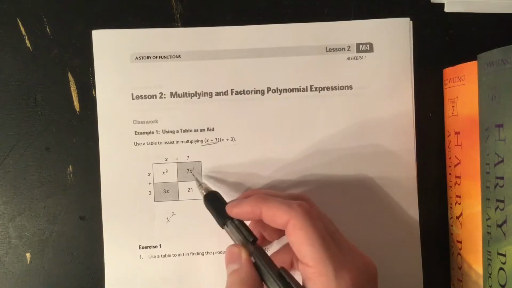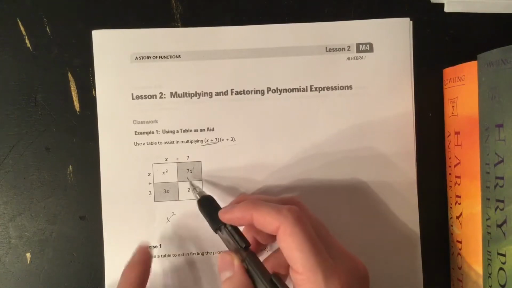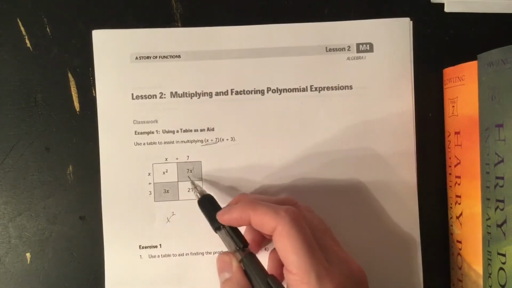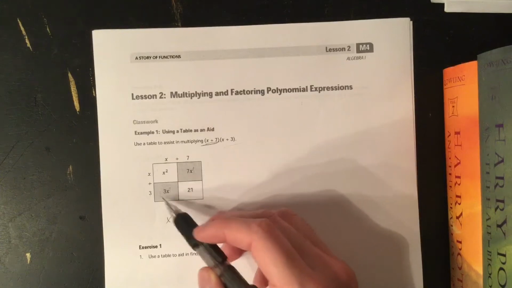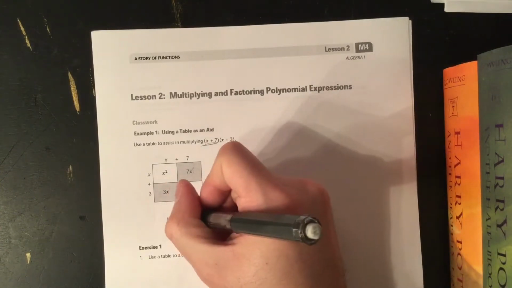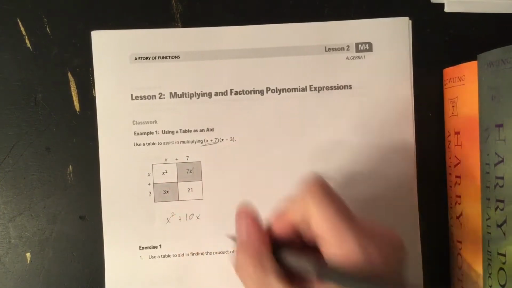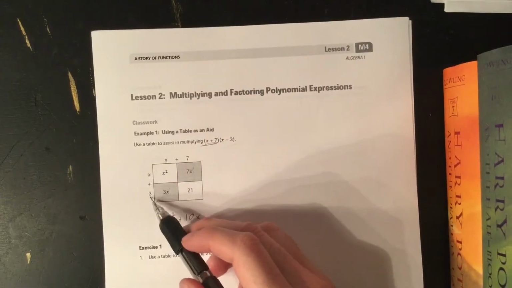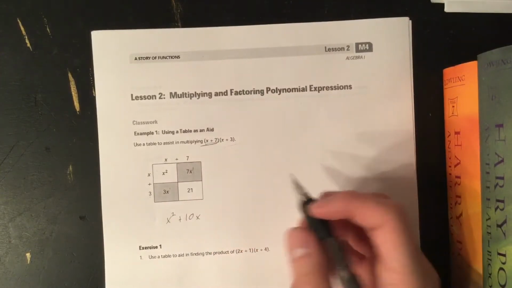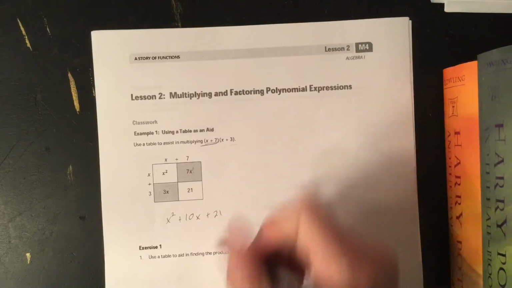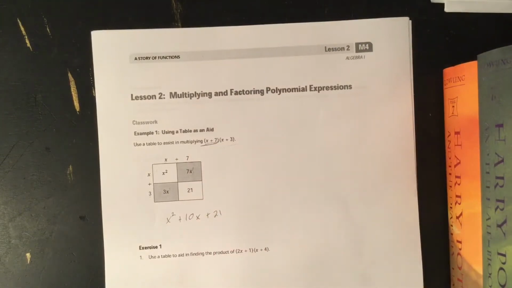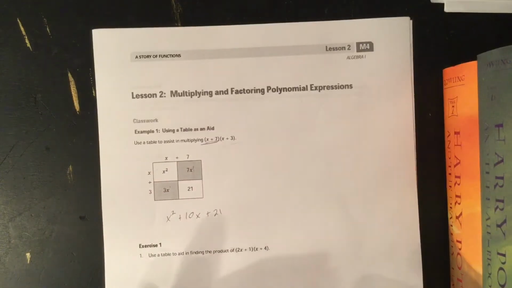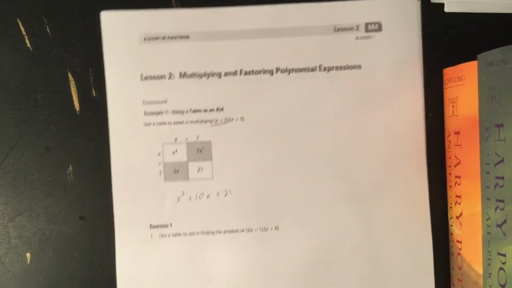Since these ones both have an x, how many total x's do we have? I have 7 x's here and 3 more x's here, so I'm going to have a total of 10 x's. And then the last one, 3 times 7, you're going to have 21, and there's nothing else that'll match. So if we were solving that way, then that would be our answer. You get the table, and then you just combine the like terms.